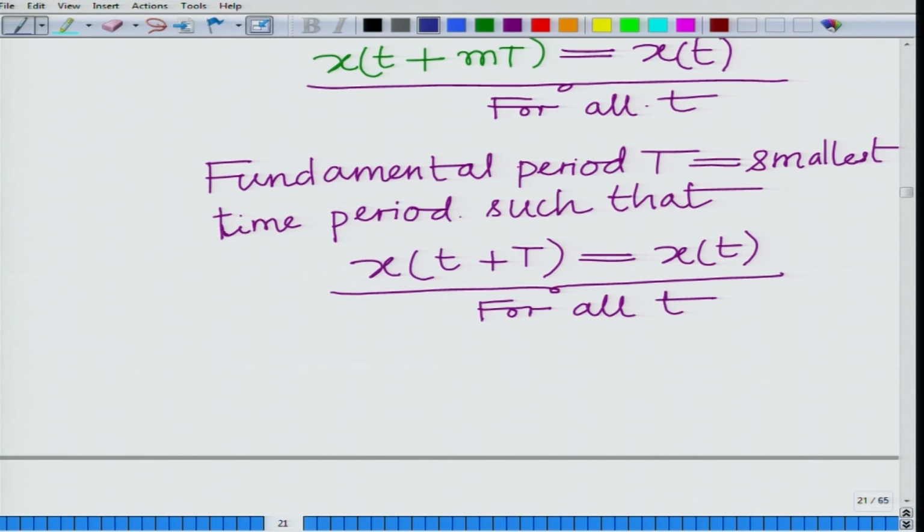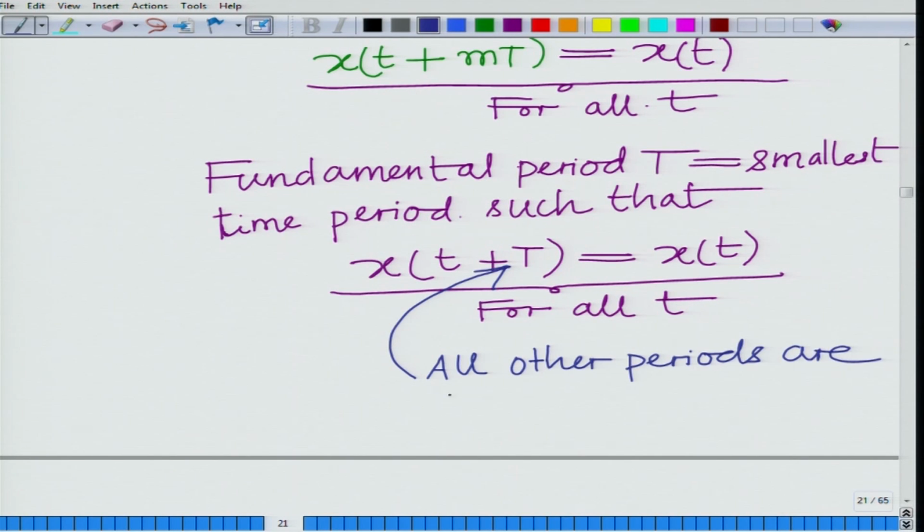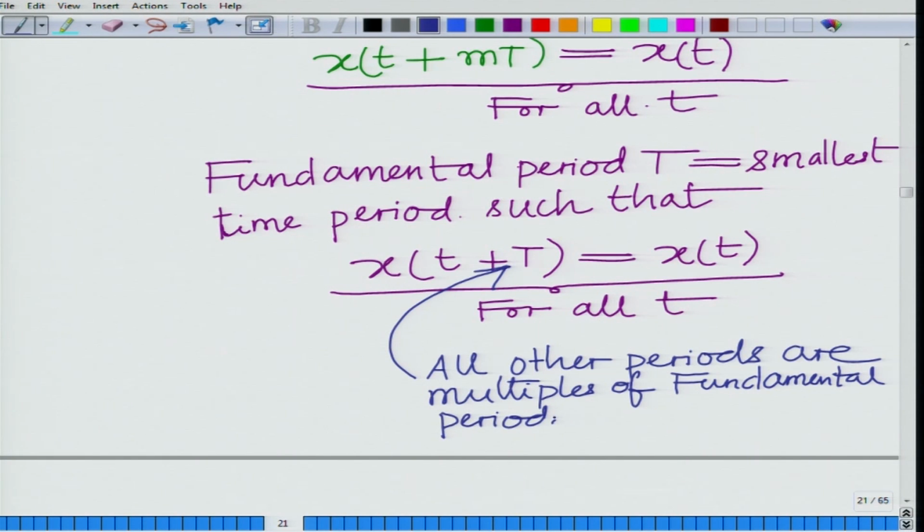So all other periods are multiples of the fundamental period.